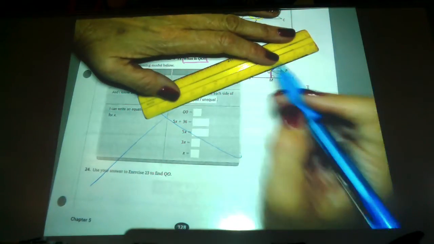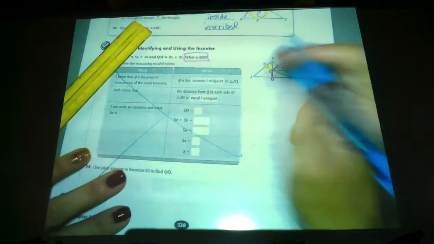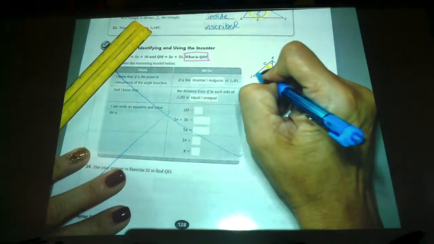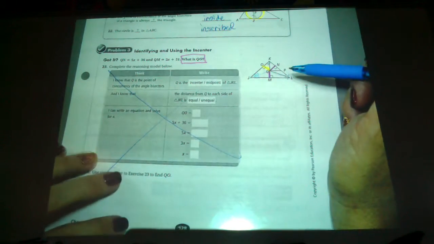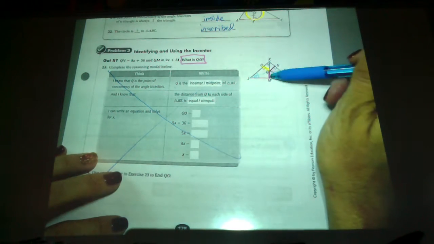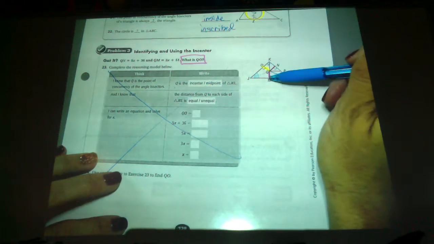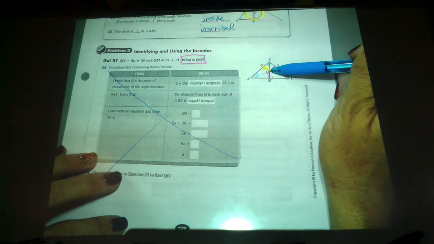If this is an angle bisector and that's an angle bisector, what happens if I create an angle bisector over here? Doesn't it meet in the same point? So what can you conclude about these three lines? They're congruent, because that is the incenter.